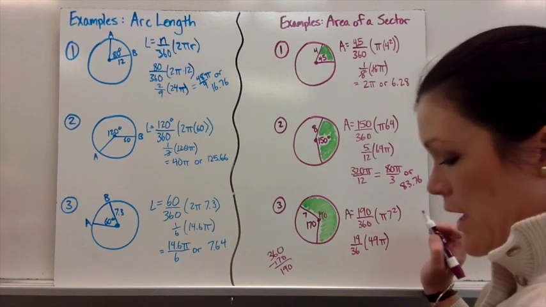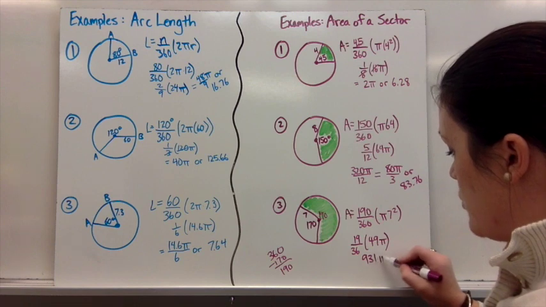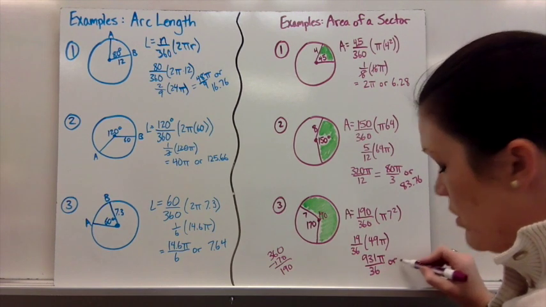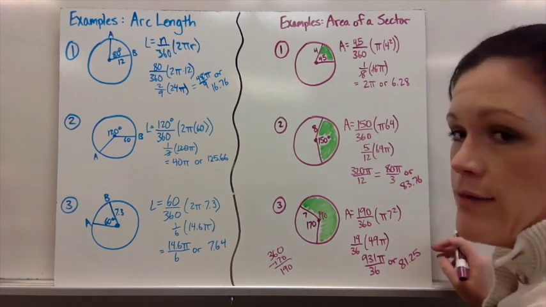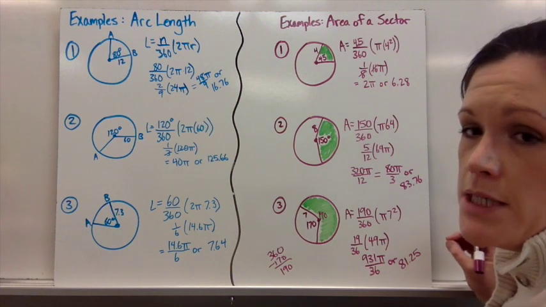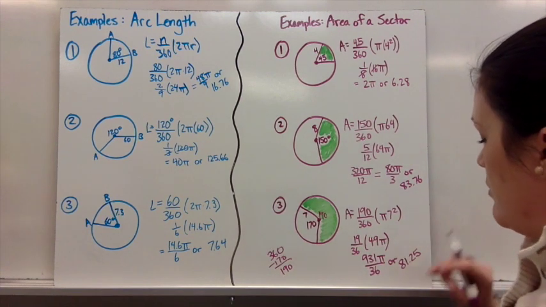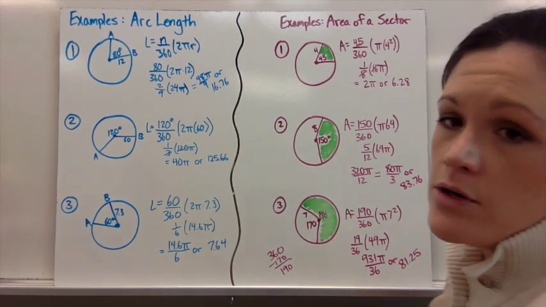And then we have 49 pi. So this one comes out to be 931 pi over 36, or 81.25. Now you might think 81.25 looks like a nicer answer, but it really just depends on what they're asking you for and what you might see on an answer choice. But either one is correct, just one might be preferred over the other depending on what you're working on.